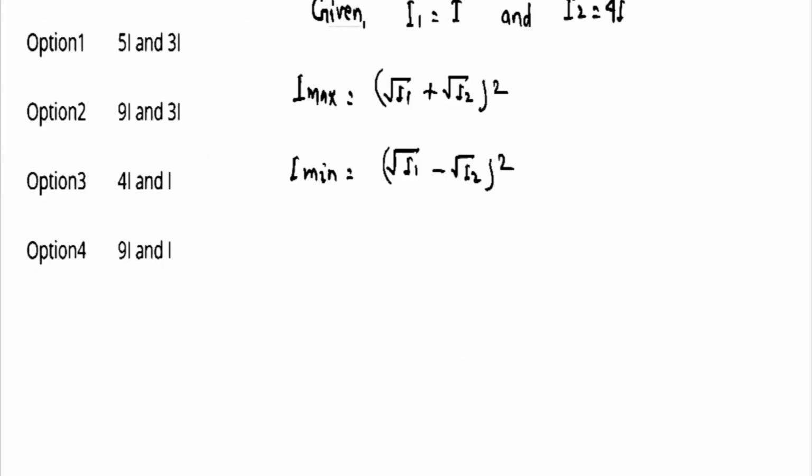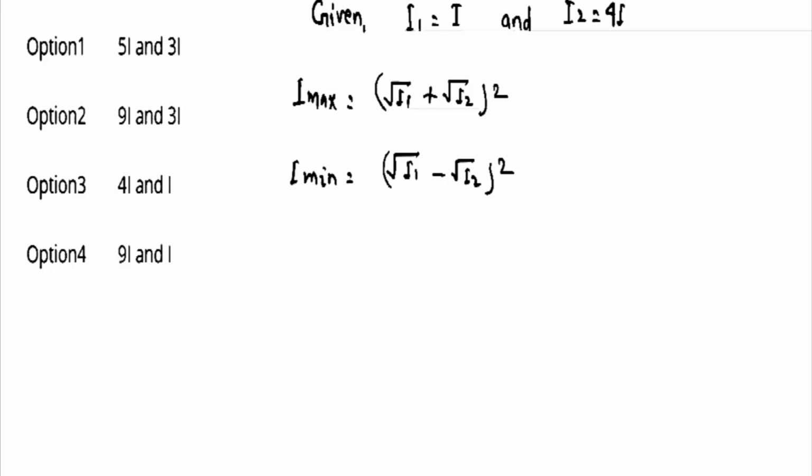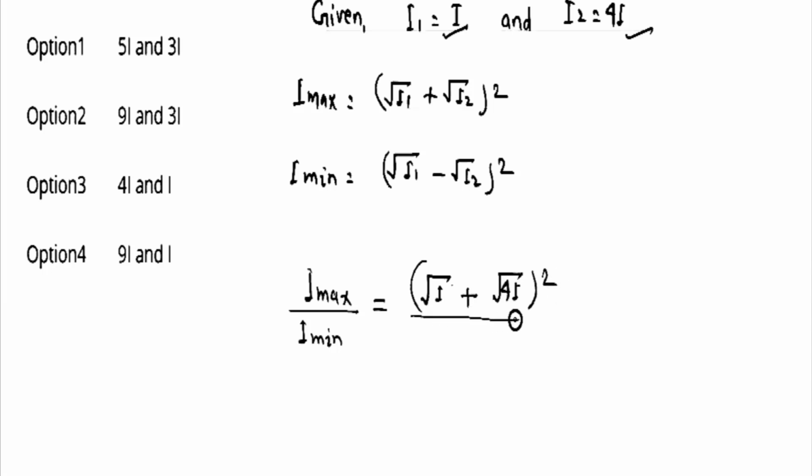Therefore the ratio of I maximum to I minimum is root under I1, which is I, plus root under 4I whole square, divided by root under I minus root under 4I whole square.